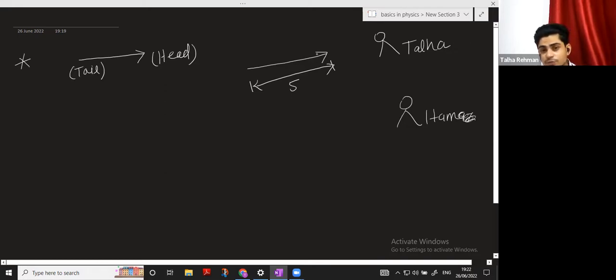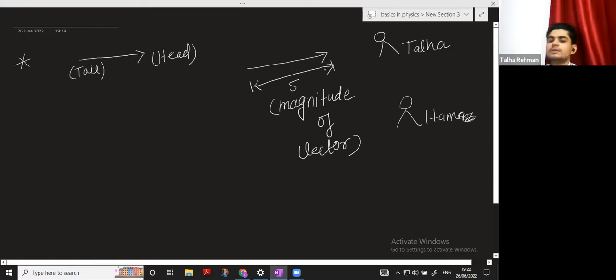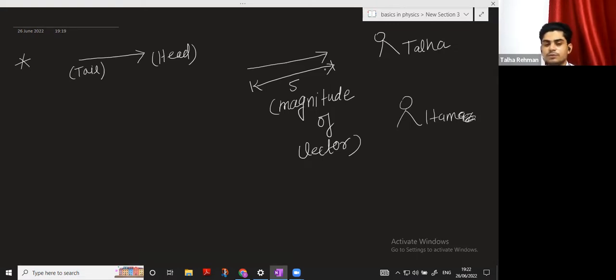So the head of the arrow tells the direction, and this 5, the length of the arrow, is the magnitude of the vector. This arrow represents the direction of the vector, in which direction the vector is going. Okay, so maybe you got it.